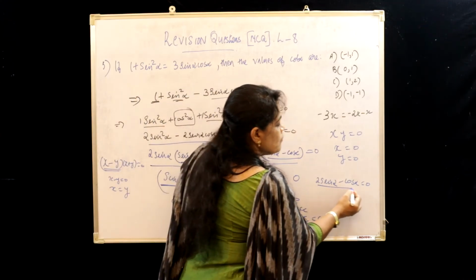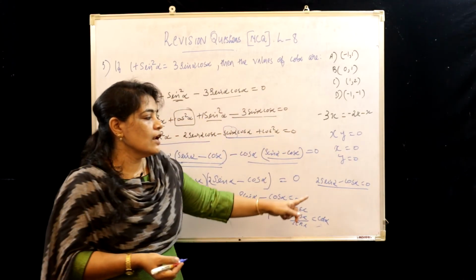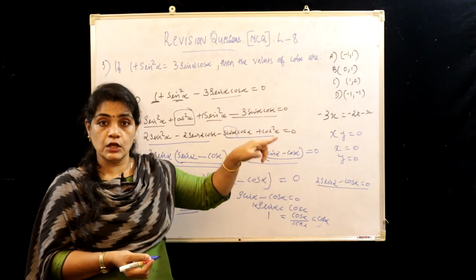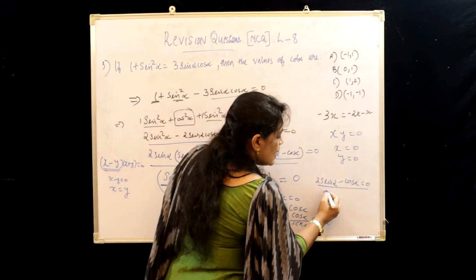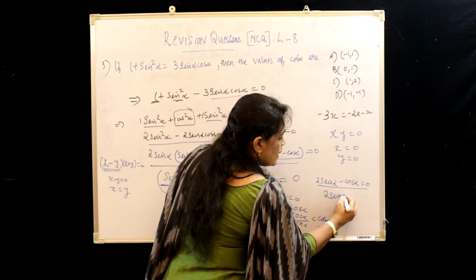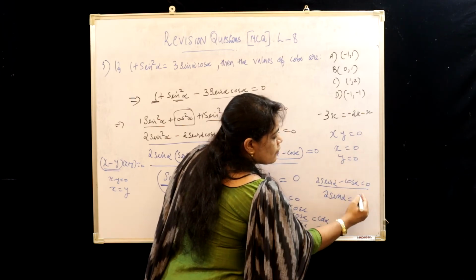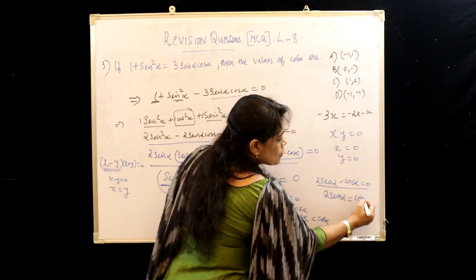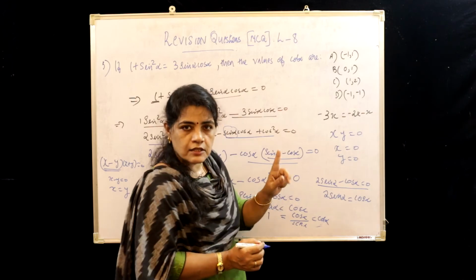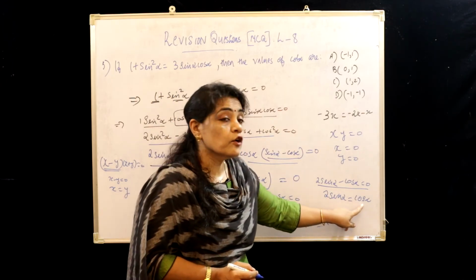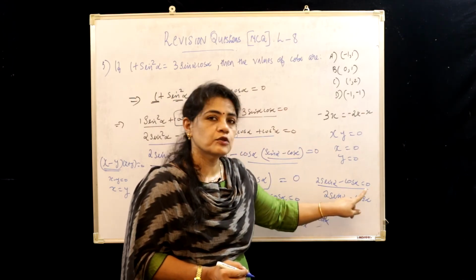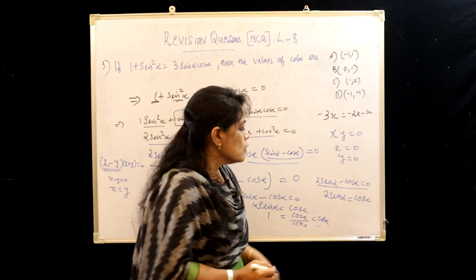And from the second factor, since 2 sin alpha minus cos alpha equal to 0, I am keeping 2 sin alpha alone. Okay. And minus cos alpha becomes plus cos alpha in the RHS. And as usual I told, here we need cot alpha. So sin alpha should come in the denominator.